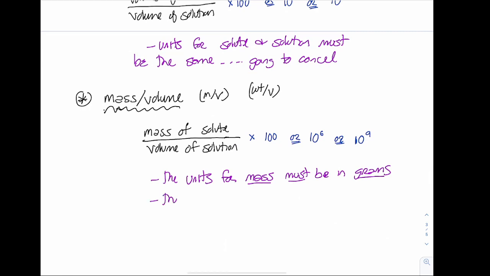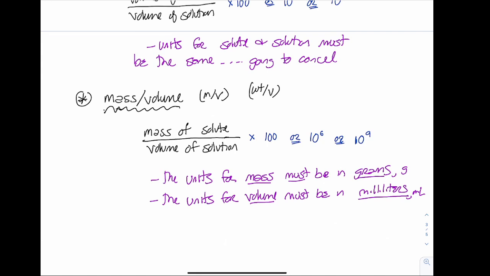The units for volume must be in milliliters. So I'm going to have grams and I'm going to have milliliters.